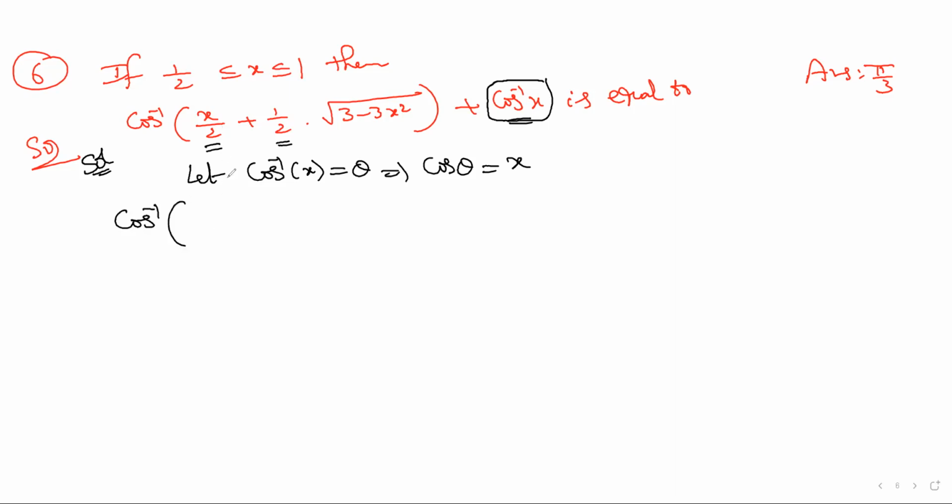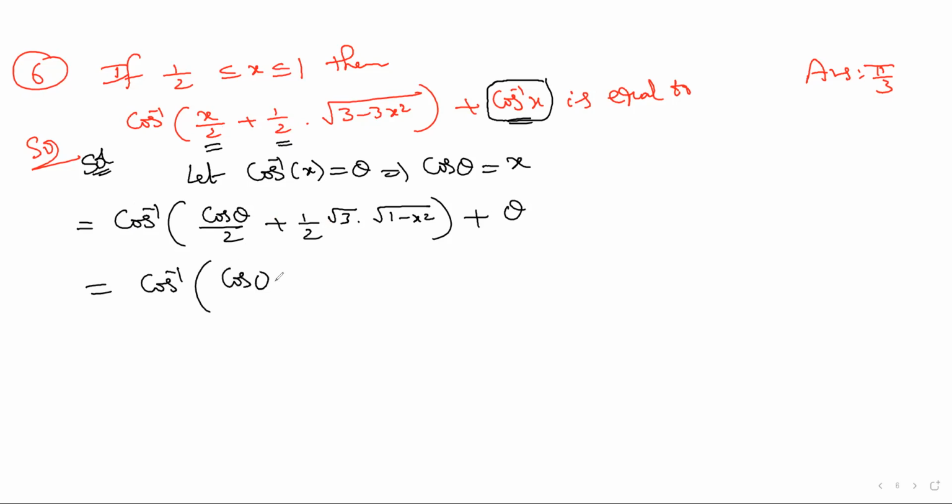So now, what is the statement here? Cos inverse of cos theta by 2 plus 1 by 2 times root 3, taking 3 out common, so 3 times 1 minus x square under the root. So this is nothing but root 3 into root 1 minus x square, plus theta. That implies cos inverse of cos theta into 1 by 2, where we write sin 30 degrees, pi by 6, plus root under 1 minus x square. x is equal to cos theta.